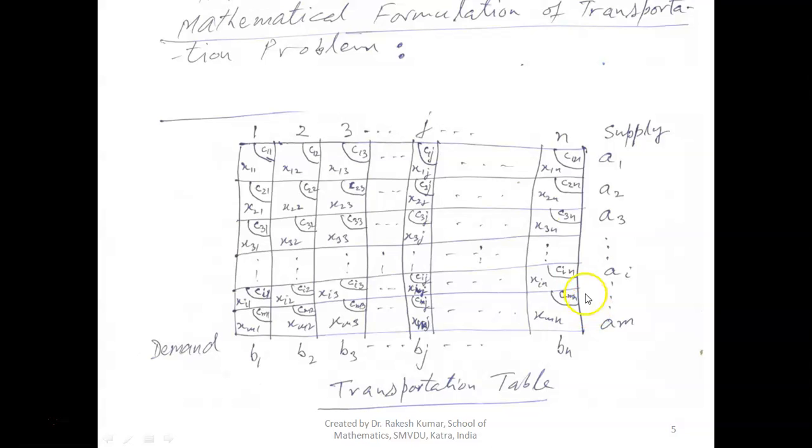Only then this transportation problem will have unique solution. That is, the problem must be balanced one. Total supply should be equal to total demand. So after learning this table, now we can go ahead to formulate mathematically the transportation problem.